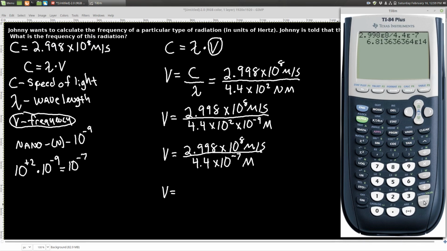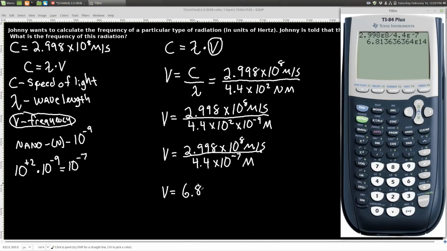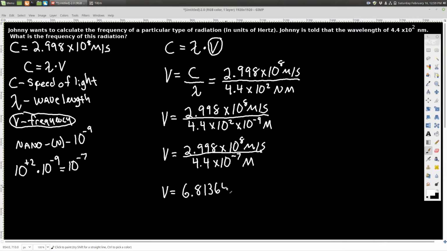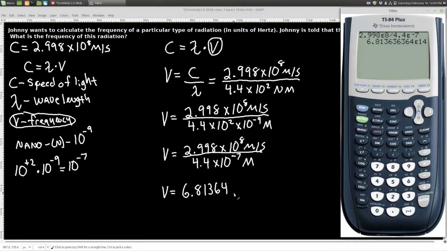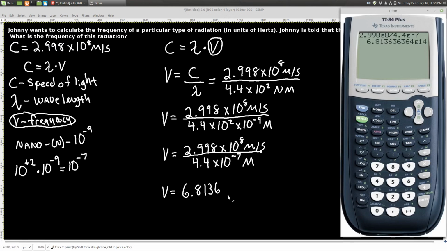So let's write all that down. I don't know if I can remember all that, but let's see. 6.8136. I'm horrible at remembering these, so forgive me.